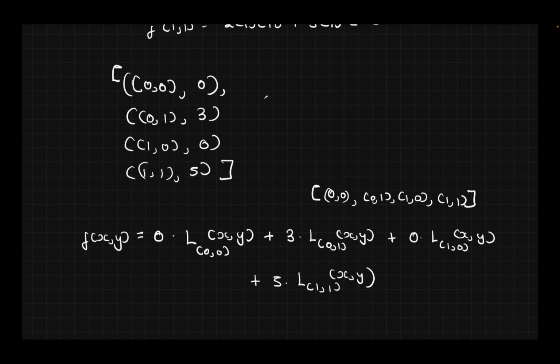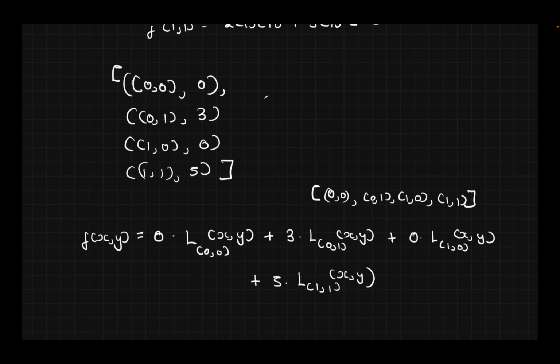Now this first L function, if you pass in 0, 0, what should it output? 1, because it is selecting 0, 0. But if you pass in any other thing, what should it give? Exactly the same idea. Likewise, that's 0, 1. If you pass in 0, 1, and if you pass in any other thing in the interpolating set, it will be 0. That way, it selects for the correct output.